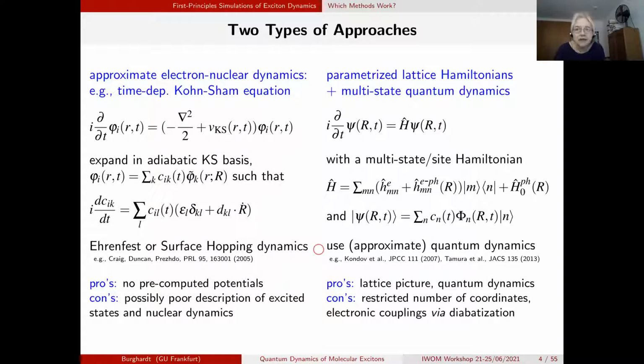And as a result, we have essentially two types of approaches that are being used and that you can encounter in the literature. And also at this workshop, you already have heard about at least one of these two directions, the one on the left-hand side.